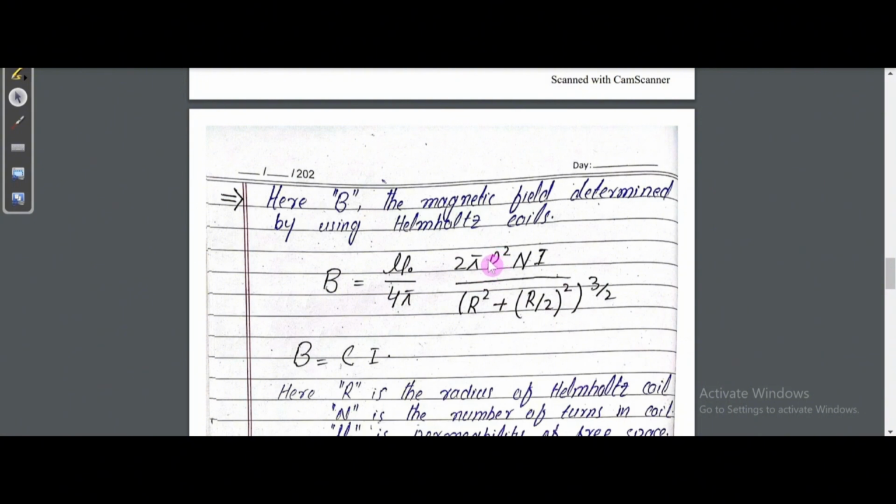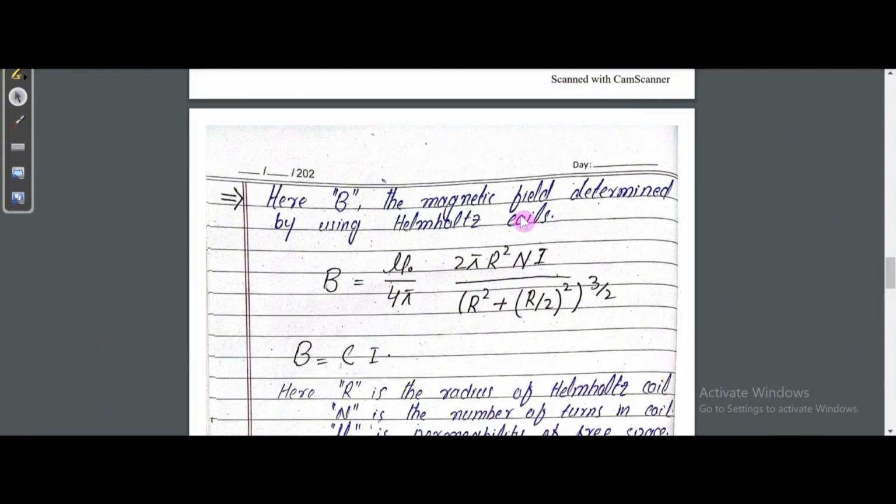In the instruction manual received during the purchase, we have the value of the radius. So we will write this R from there, and here this N is the number of turns present in that coil.